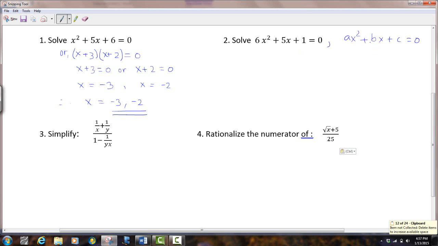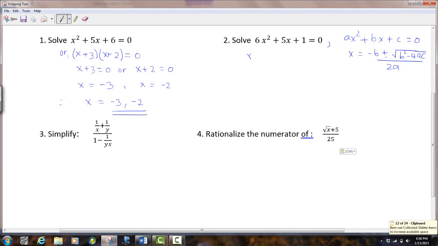The formula is x equals minus b plus or minus the square root of b squared minus 4ac, divided by 2a. This formula always gives us the solution of a quadratic equation. So I want to use this formula to find the values of x that satisfy this equation.